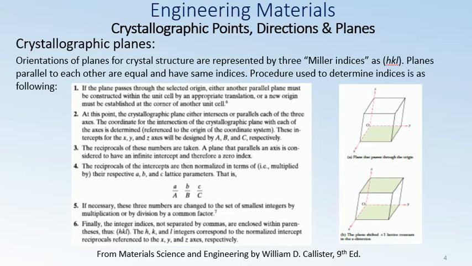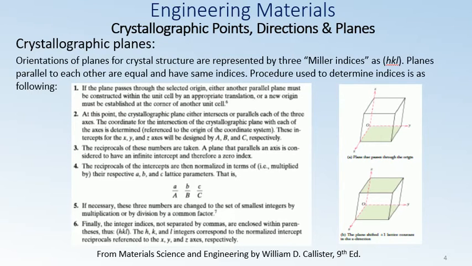Just like you see on the right side of your slide, there is a plane, and you take the axes similarly as we have taken for point or direction coordinates, x, y, z, and their center point or origin is shown by 0, where the coordinates are 0, 0, 0.